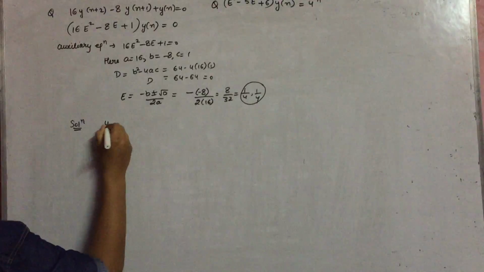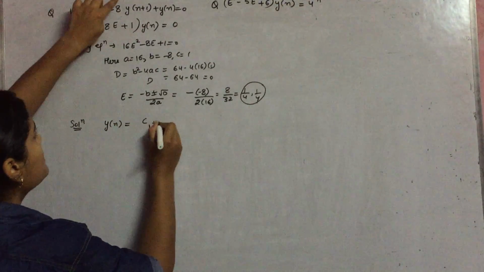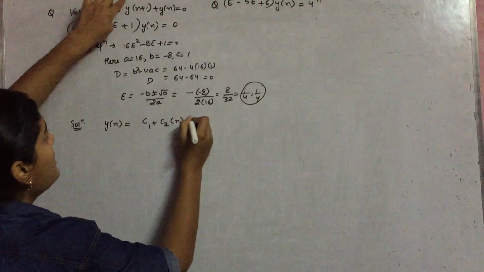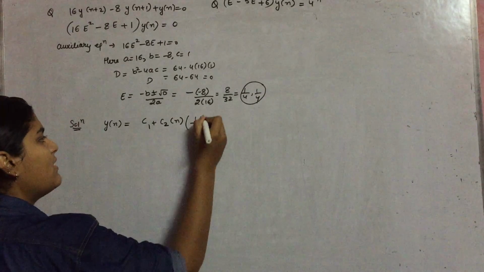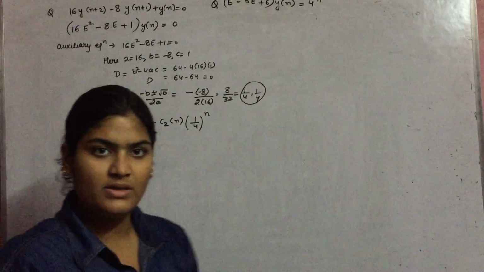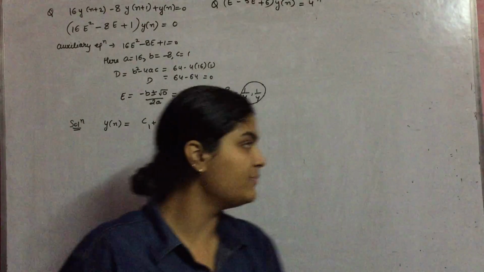So the solution becomes y_n equals (c1 plus c2 n) alpha raised to power n. Alpha is the root here, which is 1 by 4, so 1 by 4 raised to power n. I hope you understand. This is how we can solve a homogeneous equation.